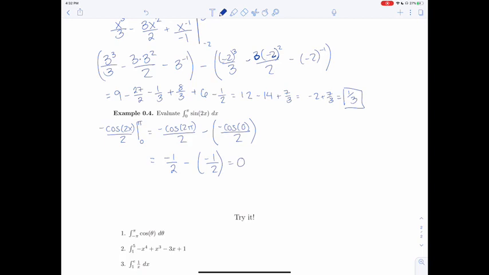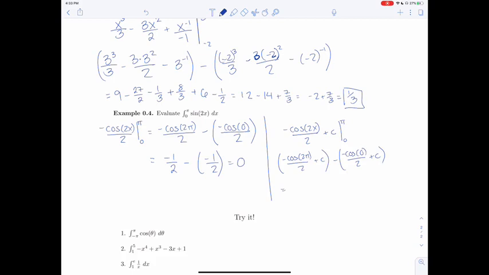Now let's show that it didn't matter which antiderivative we picked. So let's say that we picked negative cosine of 2x over 2 plus some fixed constant c, and we evaluate this from 0 to pi. Well, then we're going to get negative cosine of 2 pi over 2 plus c minus negative cosine of 0 over 2 plus c.